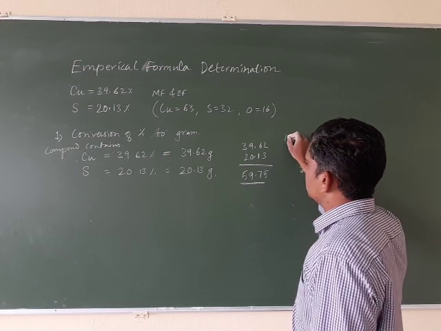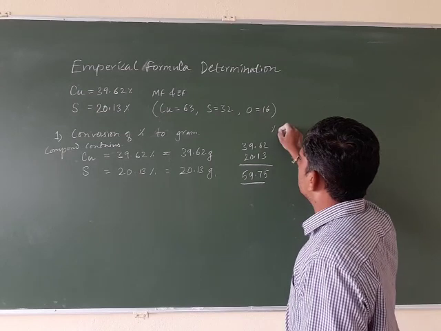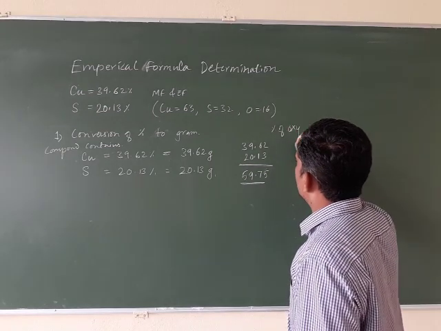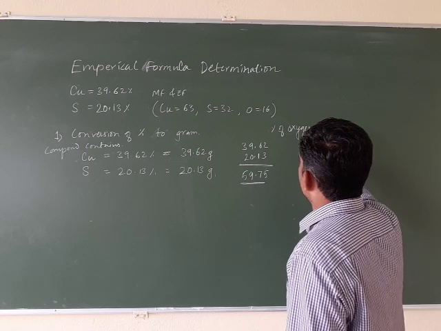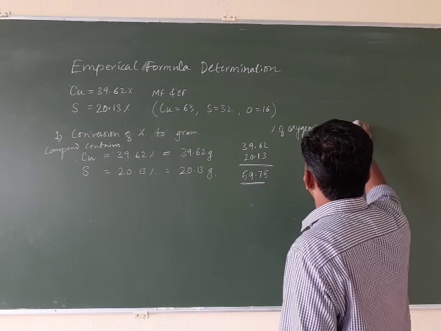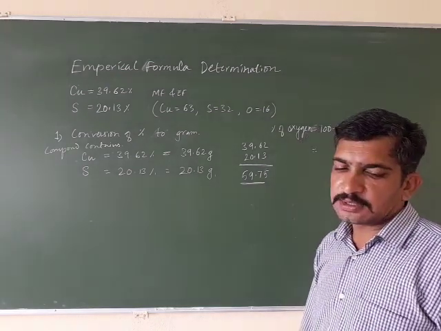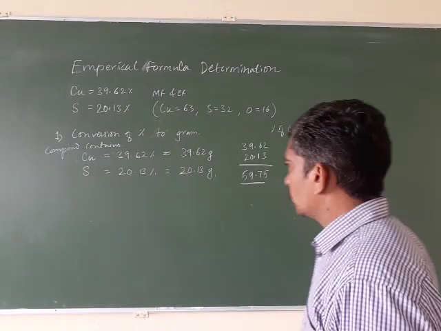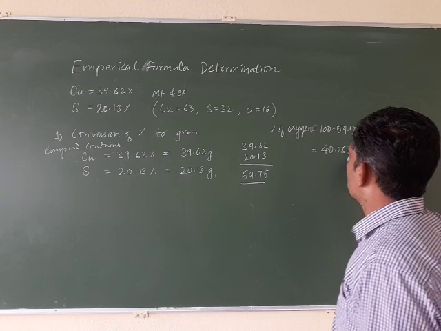And the percentage of oxygen is equal to 100 minus 59.75, so it will become 40.25%.